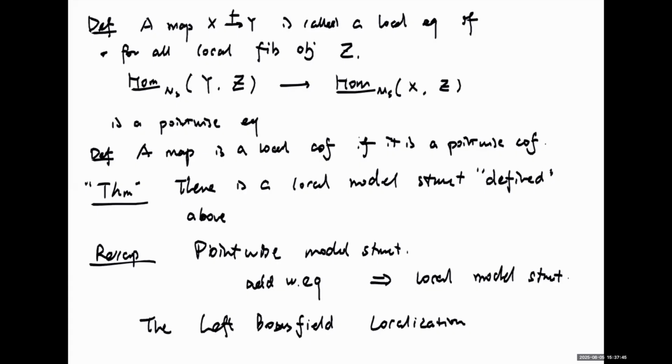So last week, Colton talked about another localization, which is called Gabriel-Zisman localization, if I remember the name correctly. That one, the construction is totally different from here. They are just very different. But one thing is that they are both called localization.